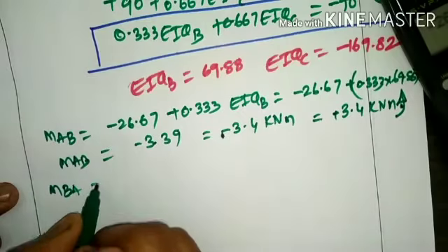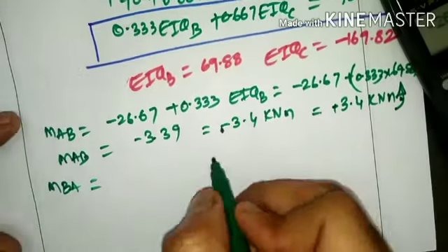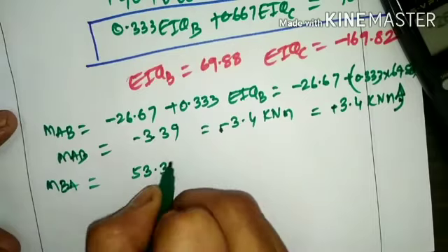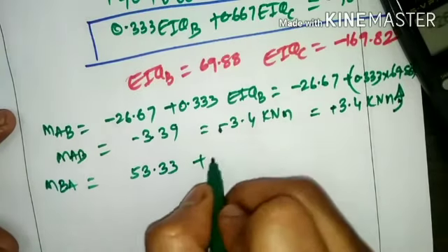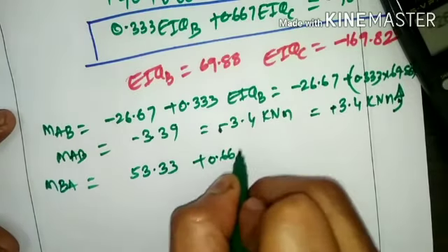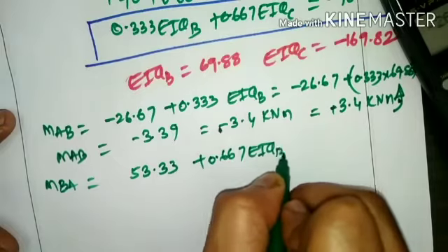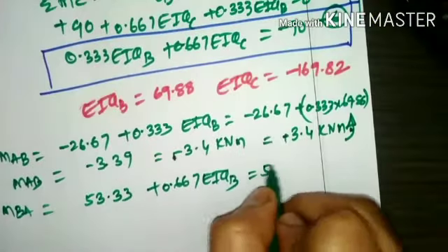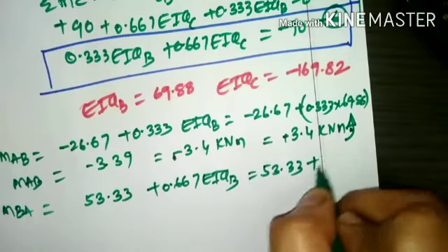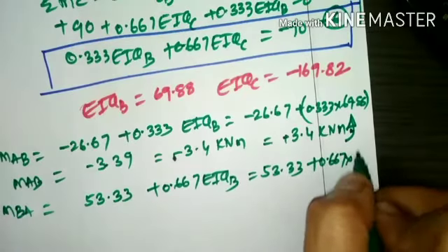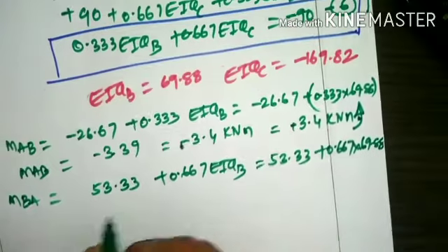Likewise, the value of MBA. The MBA equation is 53.33 plus 0.667 EI theta B. Substitute this as 53.33 plus 0.667 into 69.88.